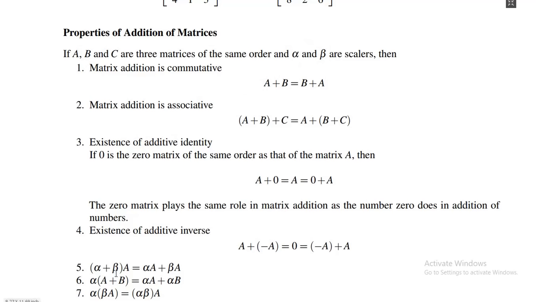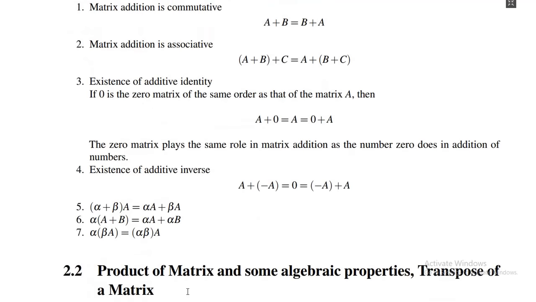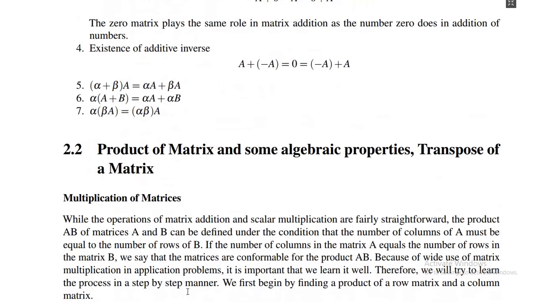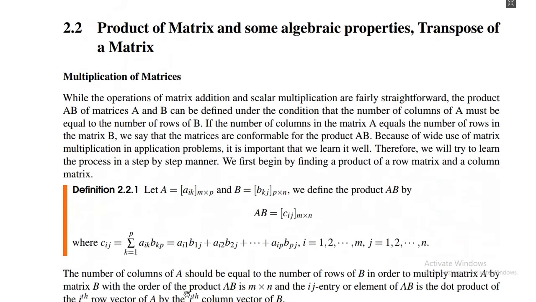So alpha plus beta, the whole times A, is the same as alpha A plus beta times A. And alpha times A plus B is the same as alpha times A plus alpha times B. And finally, alpha times beta times A is the same as alpha beta the whole times A. Another one is product of a matrix and some algebraic properties of transpose of a matrix.